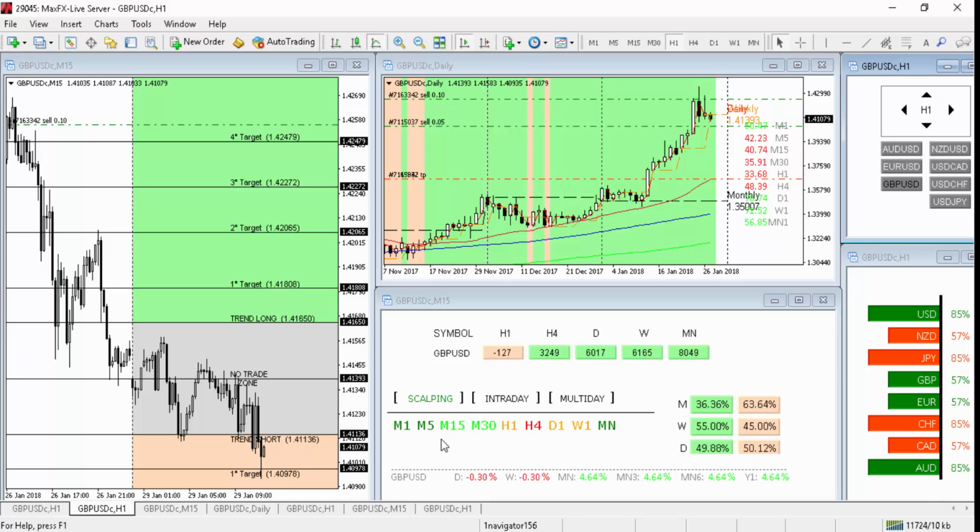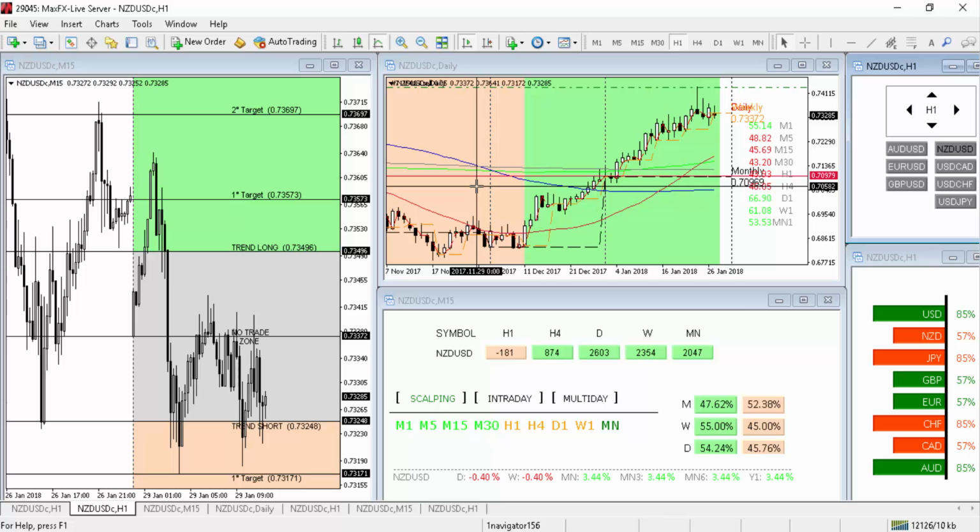The pair is losing 0.30% and we have an RSI below 50 from M5 to H4. So with a 57% long British pound against an 85% long US dollar, we may have a continuation to the downside.